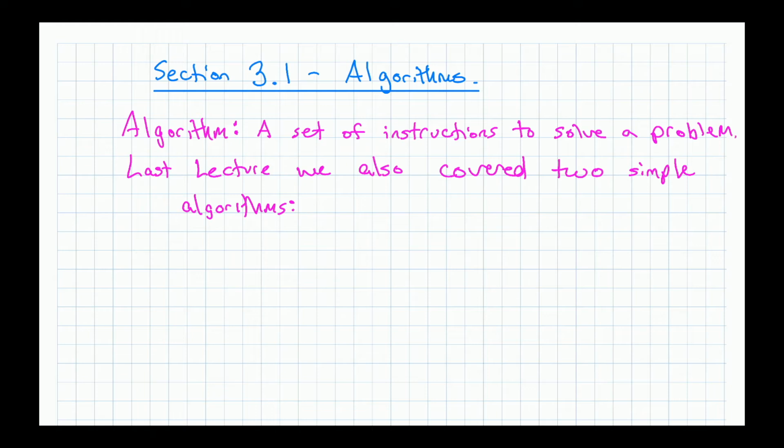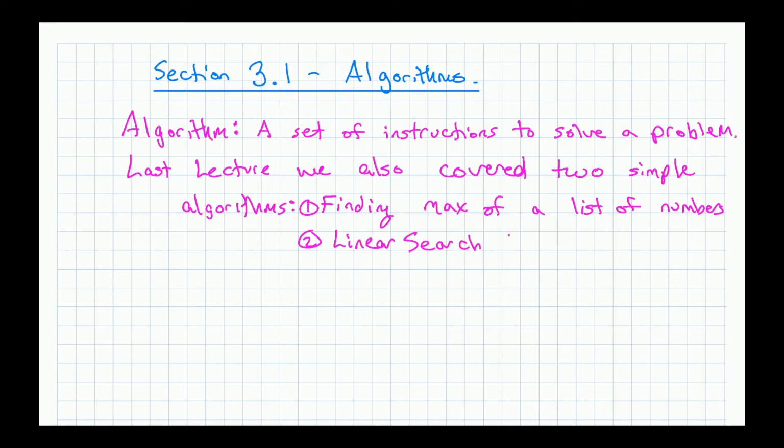One of them was finding the max of a list of numbers. And the other one that we did was linear search, to find the location of a certain value.